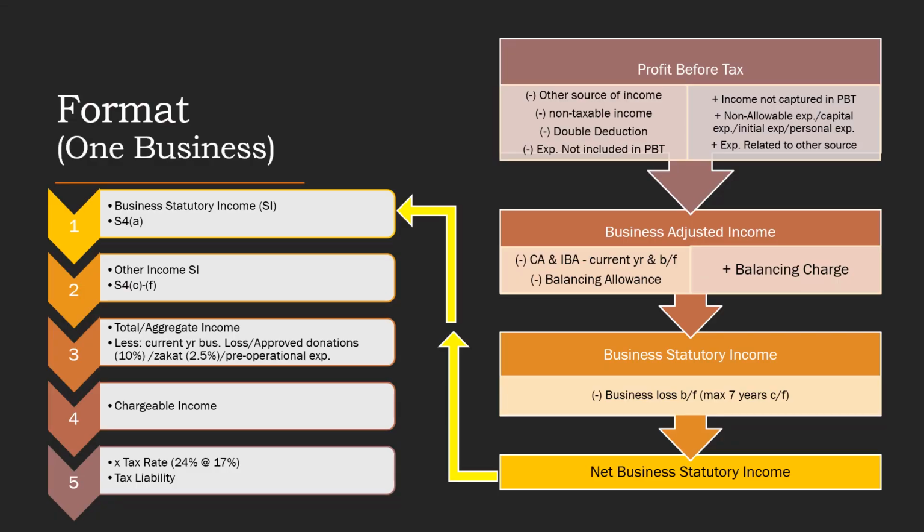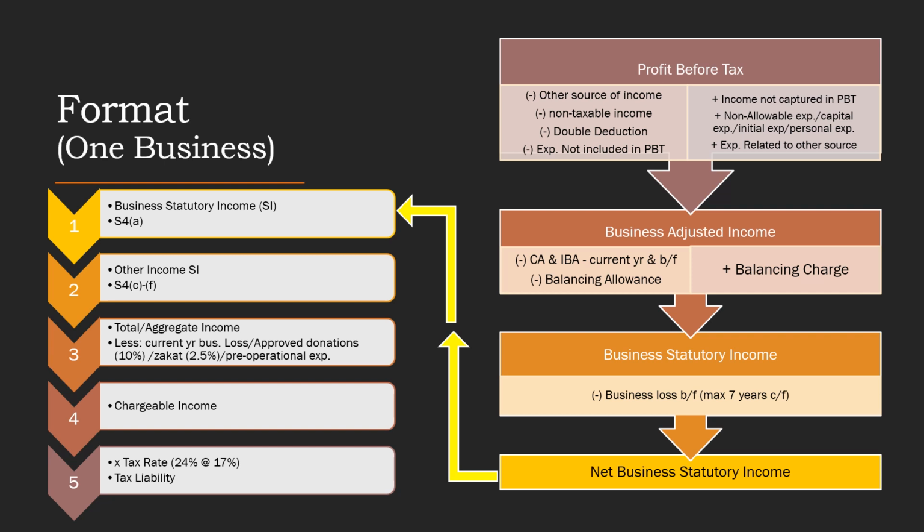Now this is the format to translate from profit before tax in the income statement to business adjusted income as in taxation. This one is in the case of one business only. What we need to do, profit before tax, normally we have added income from our main core business, or we probably also add income from other types of activities such as rental, dividend, and interest.